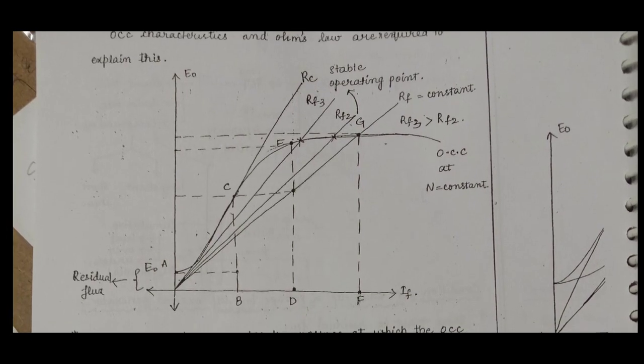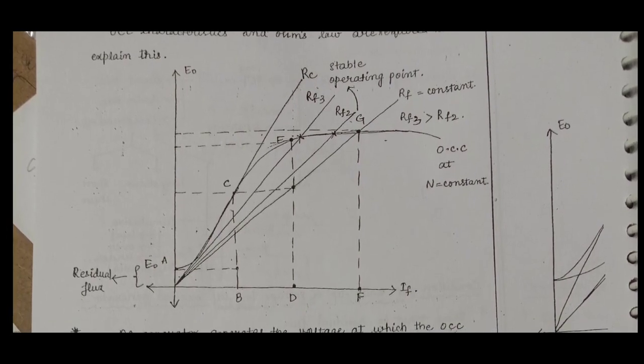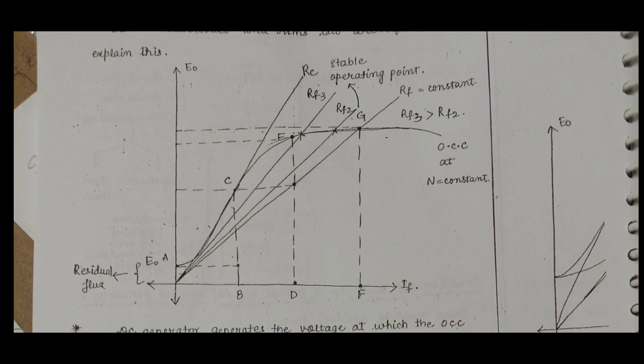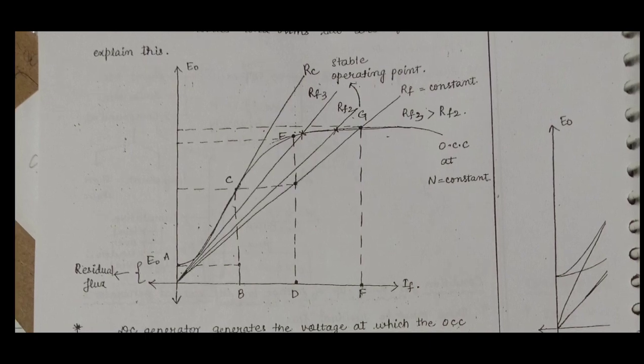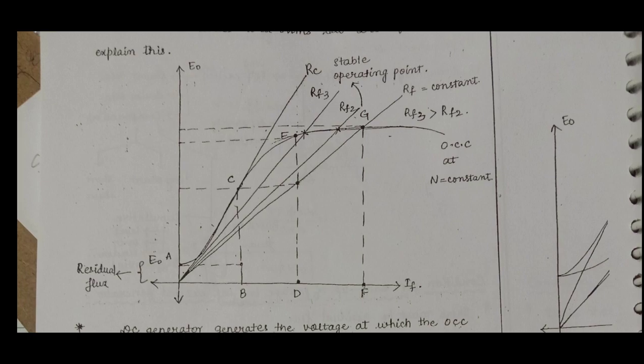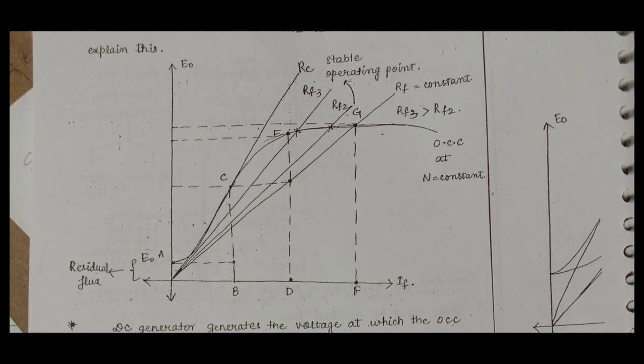The OCC curve is drawn between the field current and the generated EMF Eg. In the figure we see the OCC curve and the field resistance varied at different values, RF1, RF2, RF3 and RC.